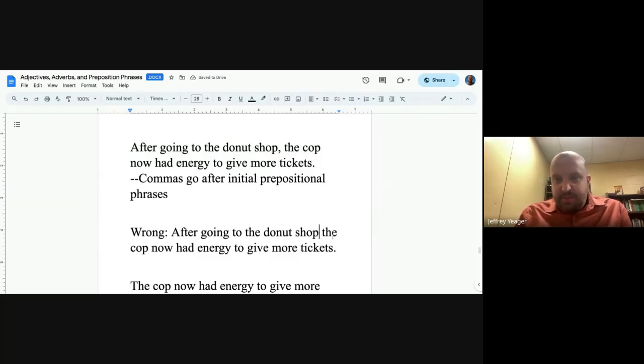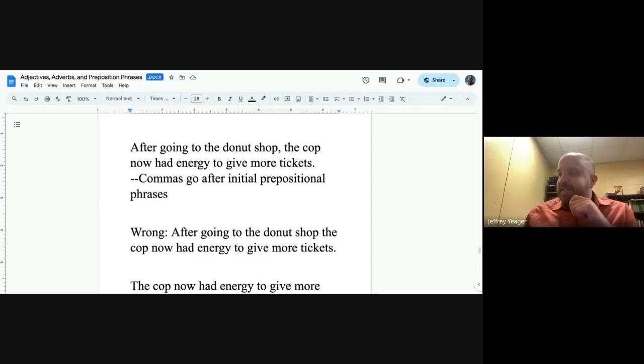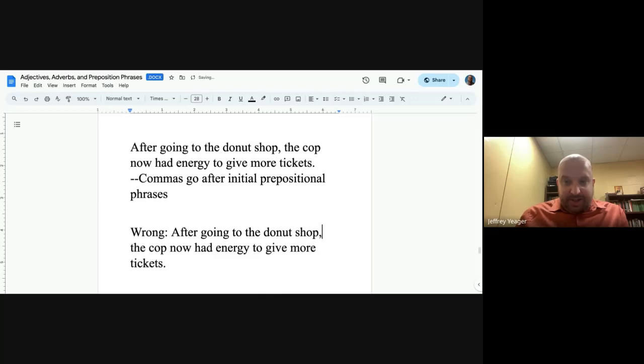You need that comma there to separate the preposition phrase from the subject, the cop. It's an easy rule to remember, right? At the beginning, comma. At the end, no comma. Simple as that. And to be such a simple rule, it's one that perplexes students because I can't tell you how often I mark it. Students just don't know to put that comma right there.